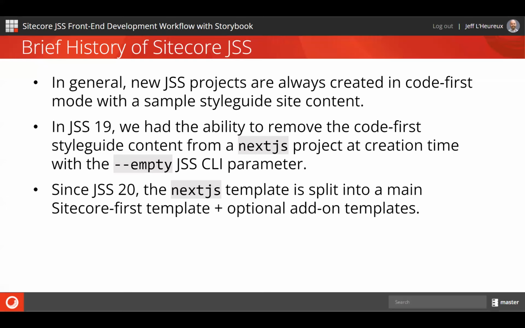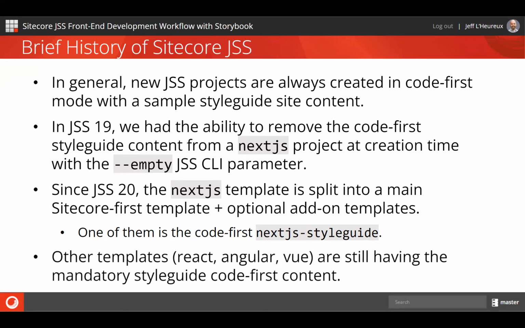So the base template doesn't come with the style guide, and the style guide add-on template adds the style guide to your project. Yeah, the Next.js style guide is this one. And as I mentioned earlier, React, Angular, Vue templates still have that style guide by default and come in code first mode with that YAML content for defining the page and the content.